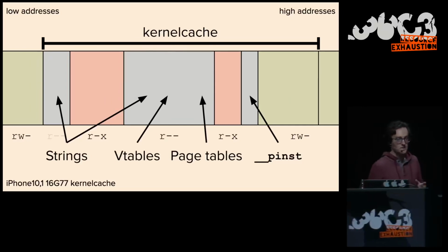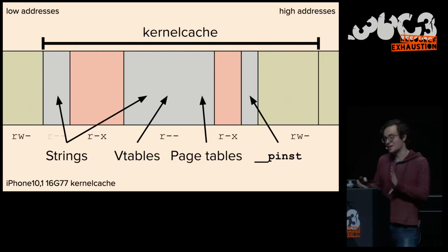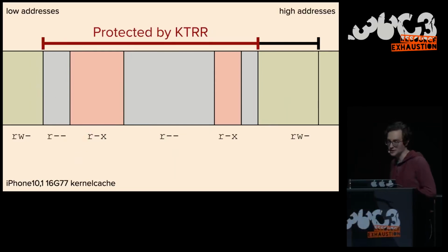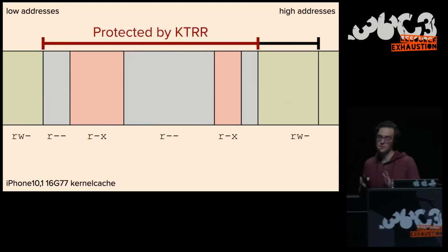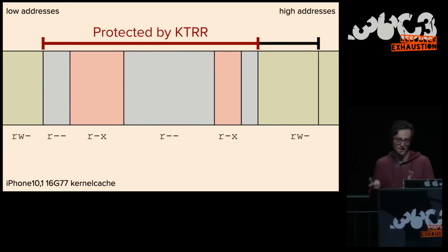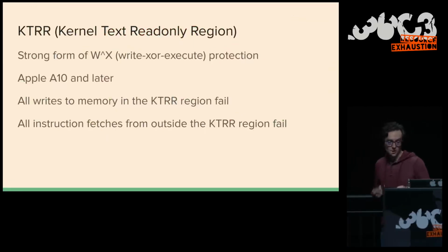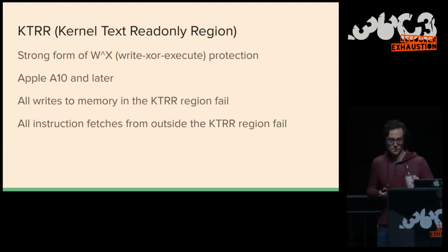All of these additional pieces of data, Apple would really like to have them be protected and not modifiable. And that's what KTRR does. It's going to lock down all of this data that we want to be read-only as the defenders. So as far as we know, KTRR stands for kernel text read-only region.